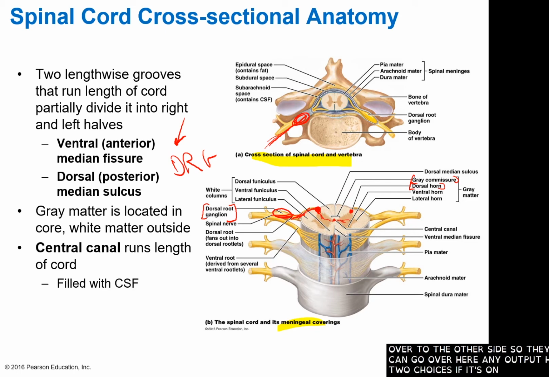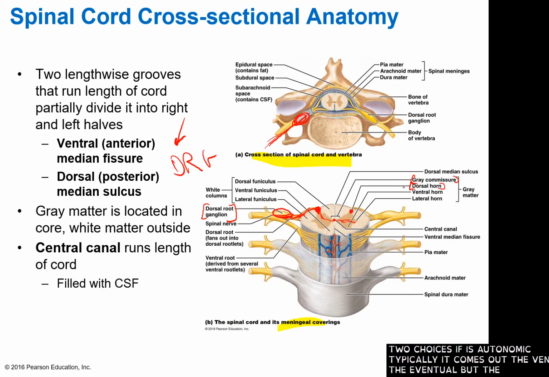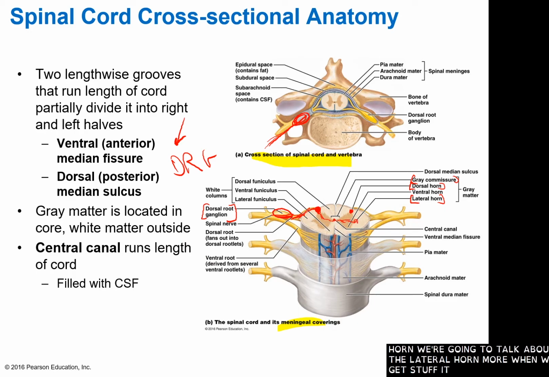If it's autonomic, typically it comes out not the ventral, but the lateral horn. So right here is the lateral horn. We're going to talk about the lateral horn more when we get to the autonomic nervous system. And then down here, we have the ventral horn.